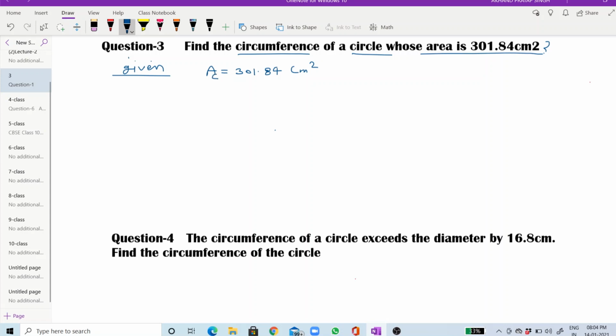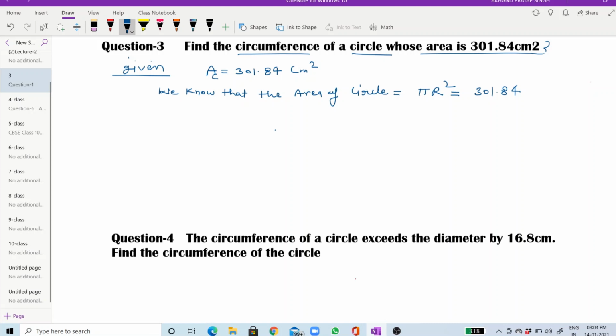So we know that the area of a circle is equal to pi r square, and this is equal to, as given in the question, 301.84.